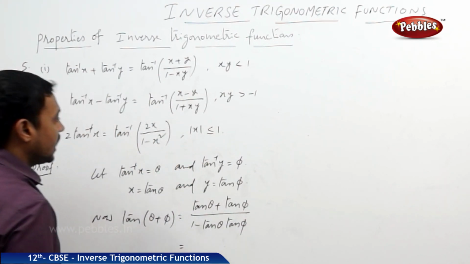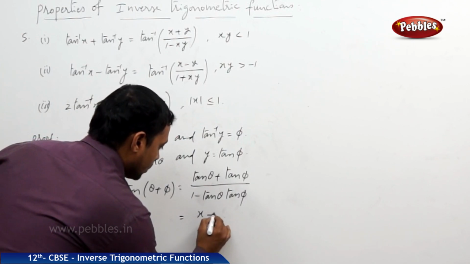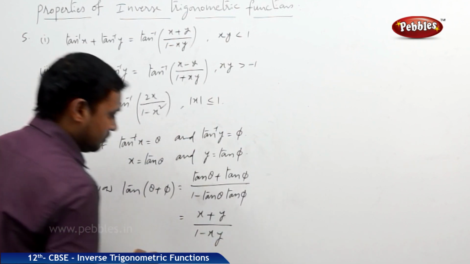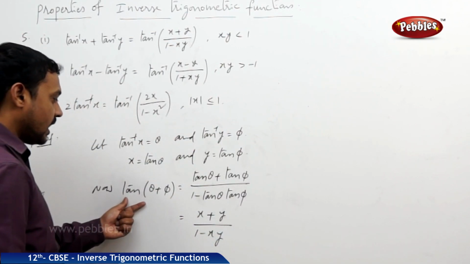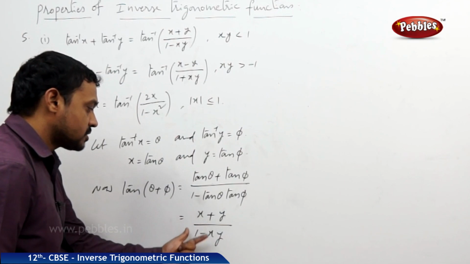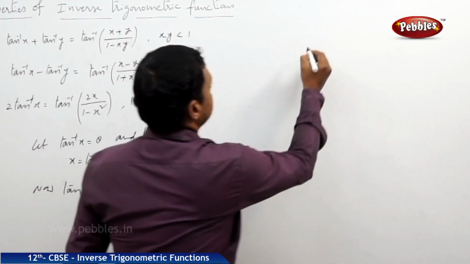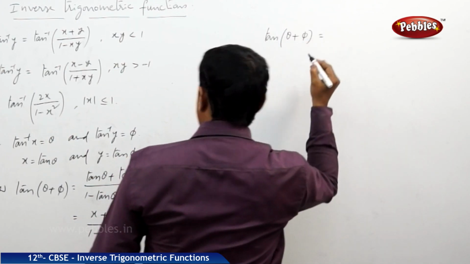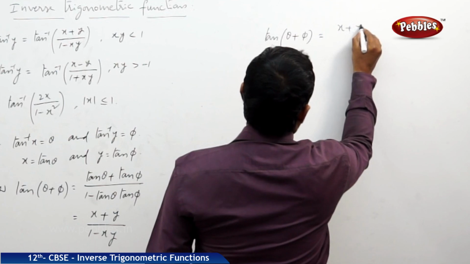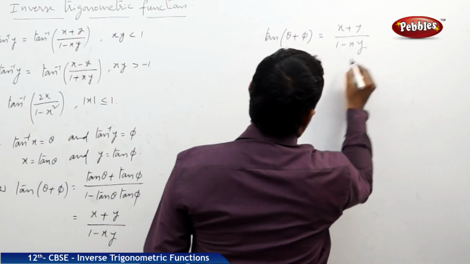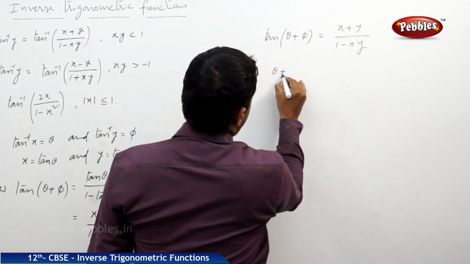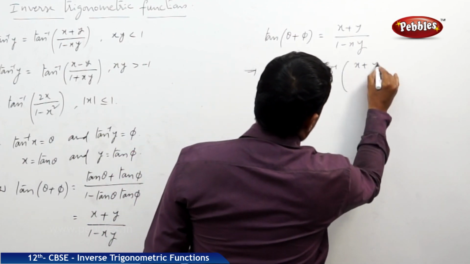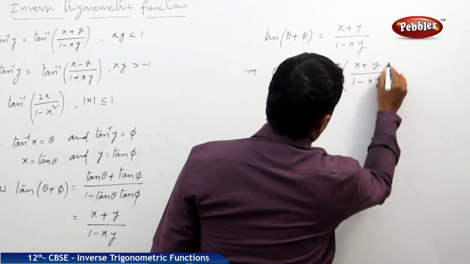Now tan theta is x, tan phi is y, so tan of theta plus phi is equal to x plus y by 1 minus xy. From this, theta plus phi is equal to tan inverse of (x plus y) by (1 minus xy).